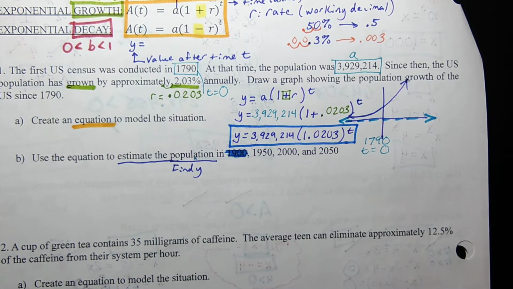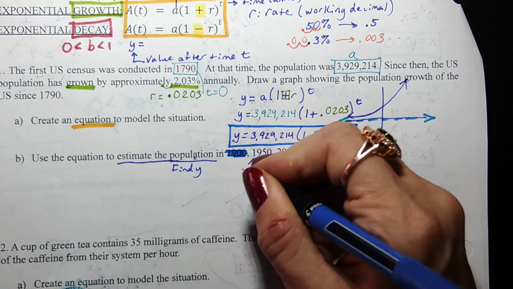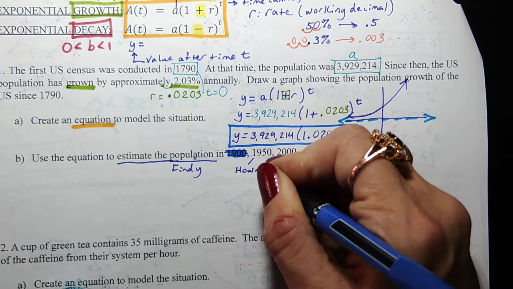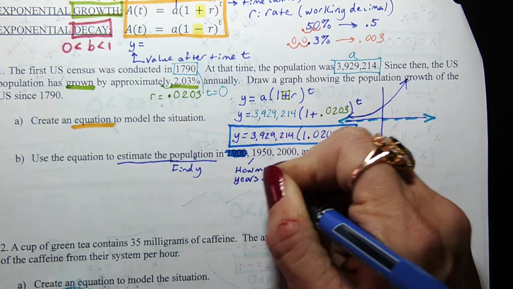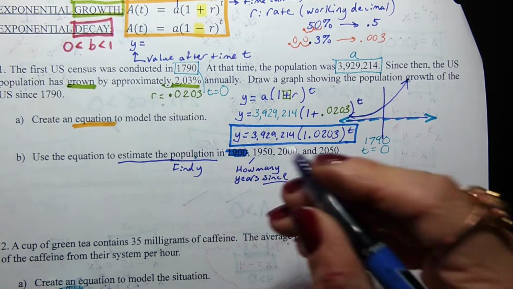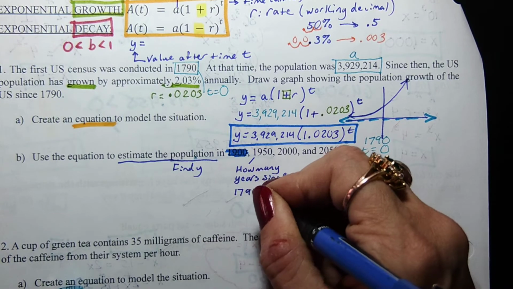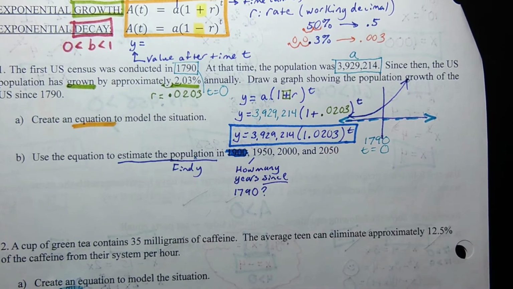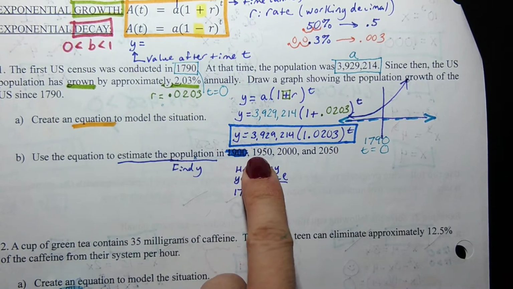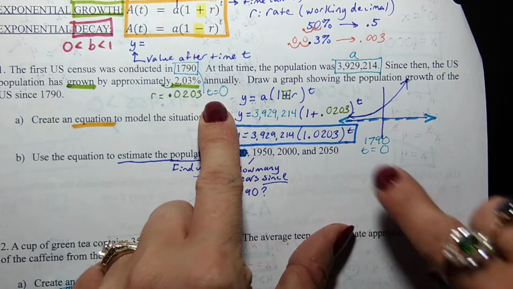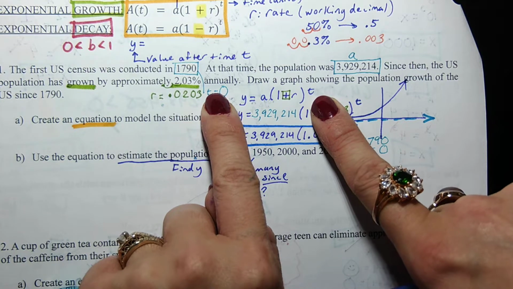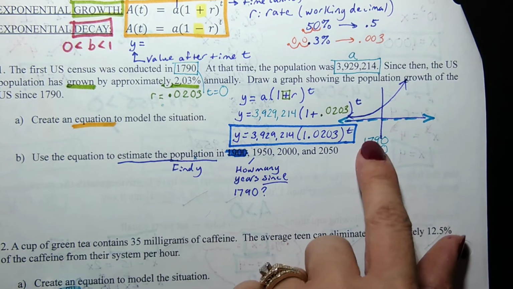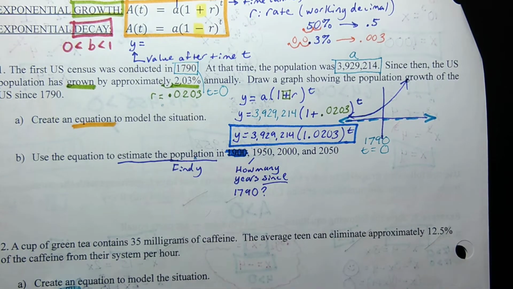We need to figure out how many years since 1790 this is. So we can't just plug in 1950 because in this model, our t is years since 1790.